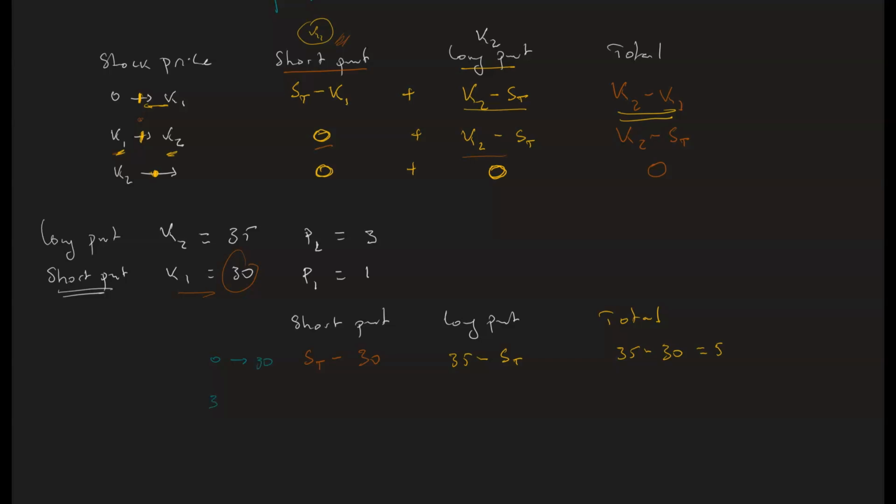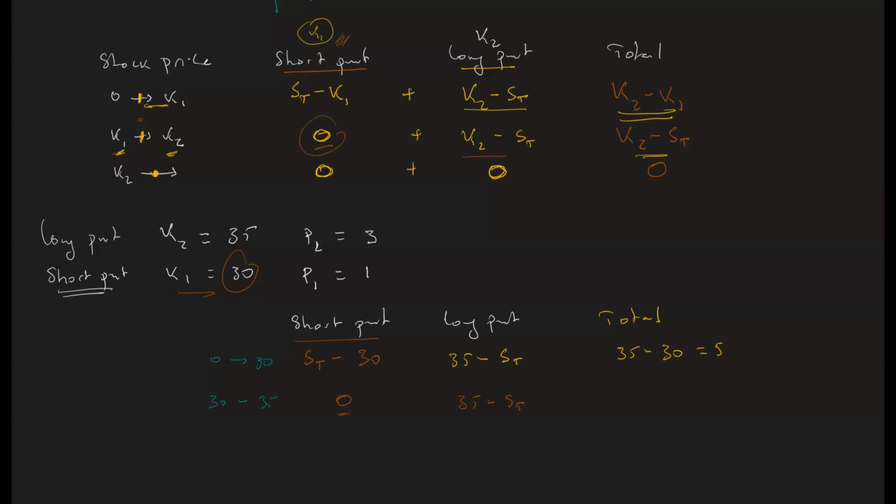If the stock price is between 30 and 35, what are we going to have? Well, on the second scenario, on the short put, we're going to have 0. On the long put, we're going to have K2 minus the stock price, which is 35 minus the stock price. And overall, what we're going to have is K2 minus the stock price as well.